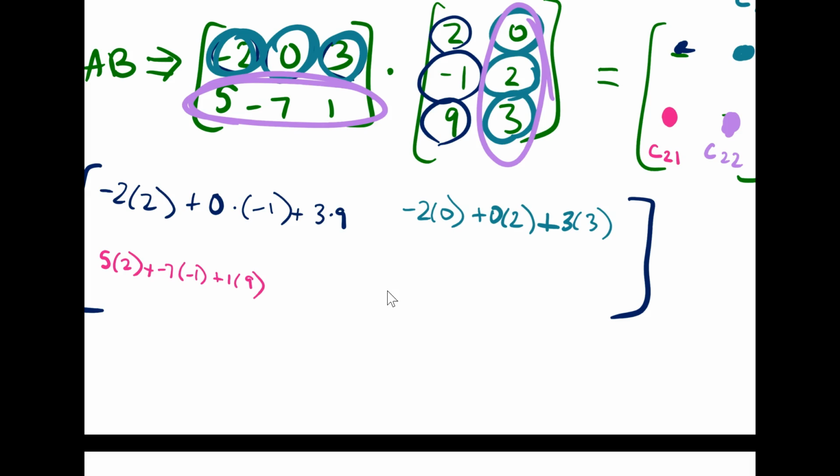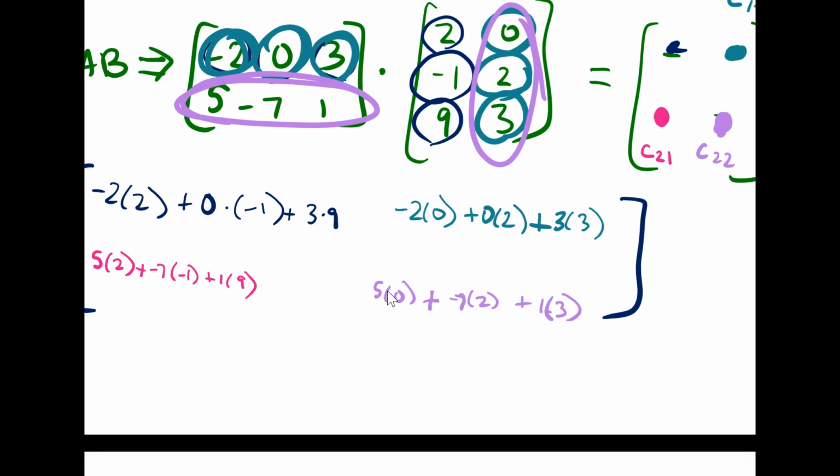That's why I had you guys do the whole funky thing. Okay. So I have 5 times 0 plus negative 7 times 2 plus 1 times 3. All right. So I've written out all the multiplication because I want to show you multiply these two, plus multiply these two, plus multiply these two, and then when you add up all those, that is the number you put in that space on your matrix.